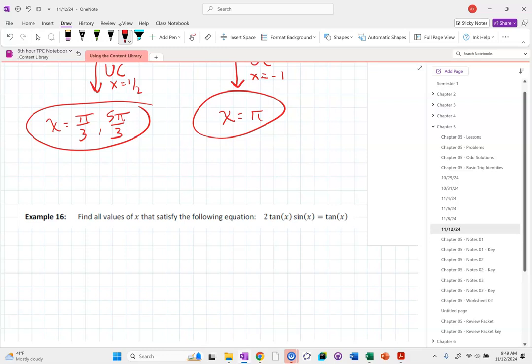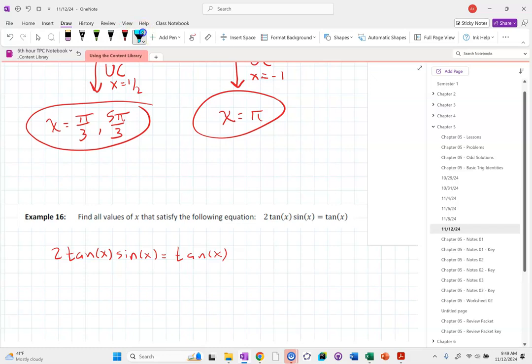So when I see that, I'm going to need to do one of 2 things. One is I could look for an identity so I can change them all to be the same trig function.